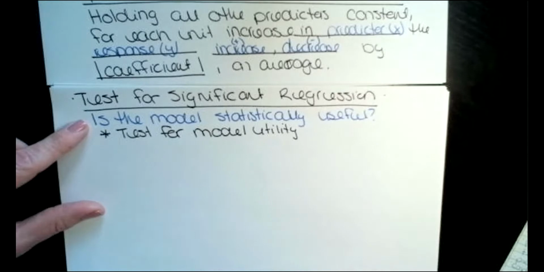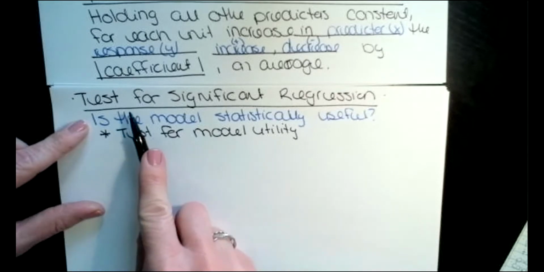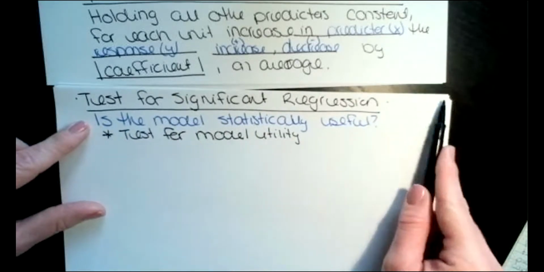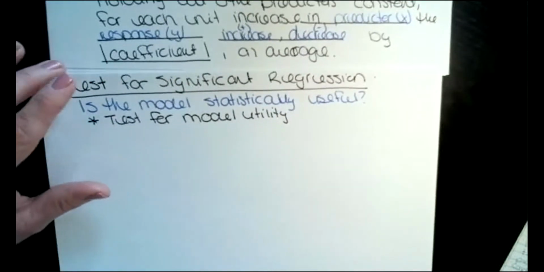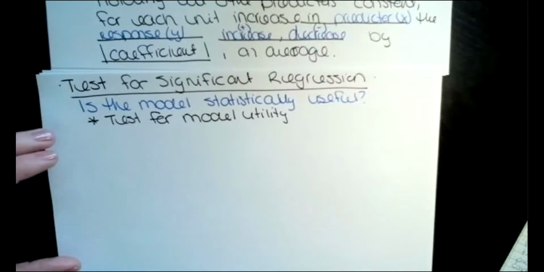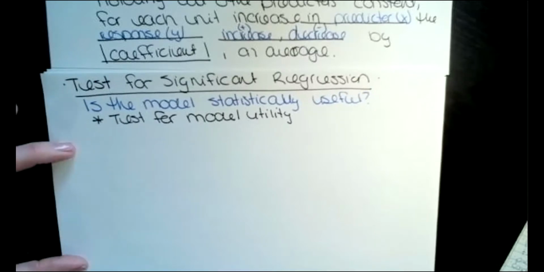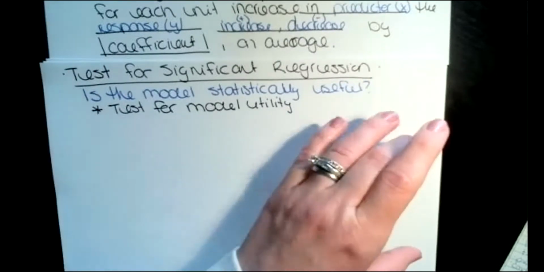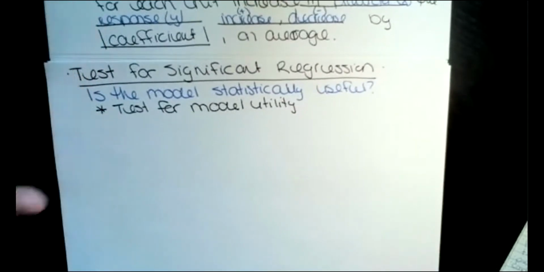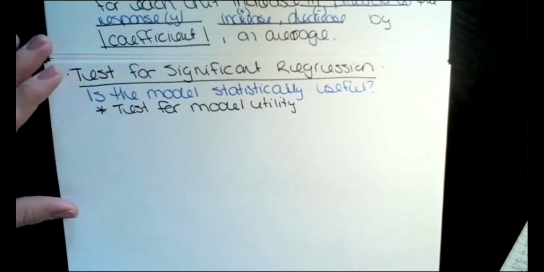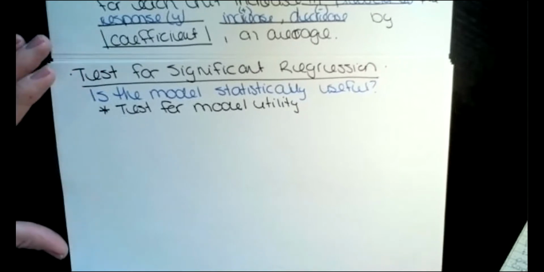Sometimes I'll write, on the daily, test for significant regression, and in parentheses, model utility. This is going to be a shortened test process. I'm going to write the simple linear regression over here so we can compare to what we did before.